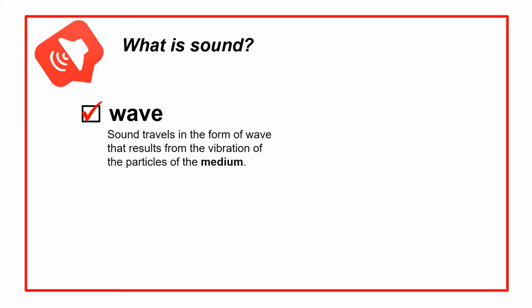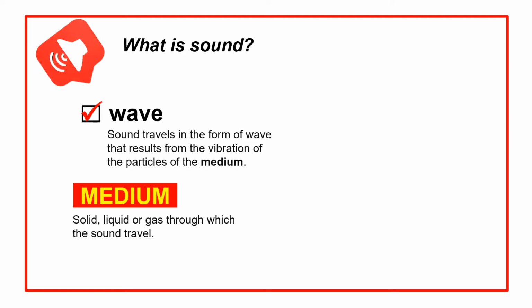Sound travels in the form of wave that results from the vibration of the particles of the medium. And when we say medium, we refer to anything that is solid, liquid, or gas through which the sound travels. Now, unlike light, which can travel without a medium, sound cannot travel without solid, liquid, or gas.